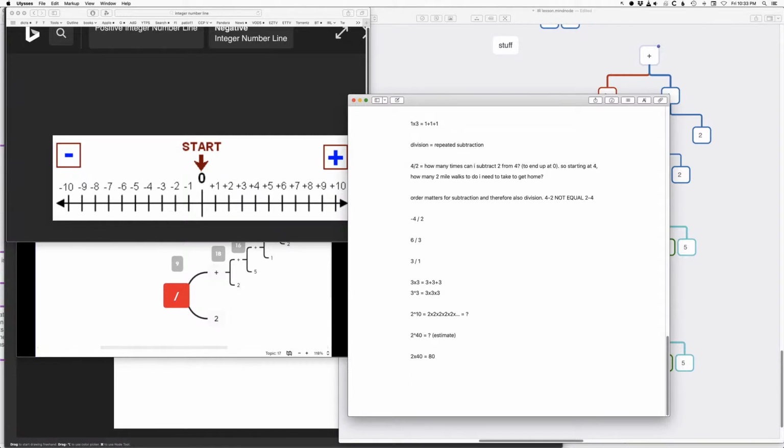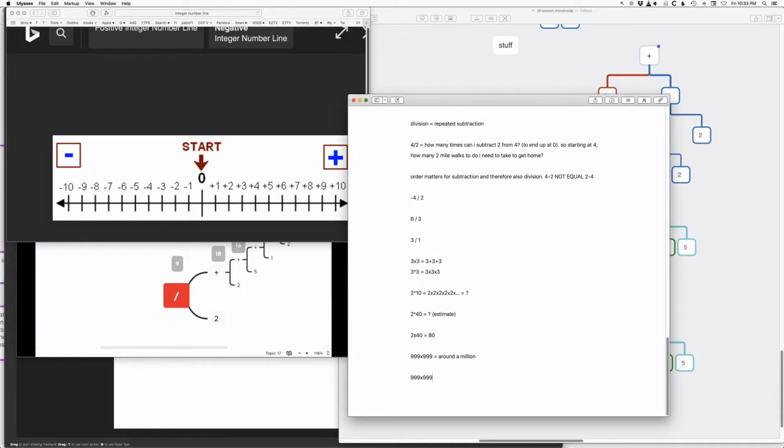And even if we did 999 times 999, in order to get to a trillion we have to write way more digits to get up there.